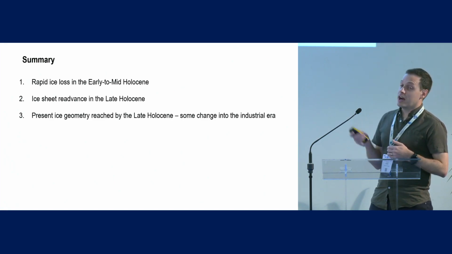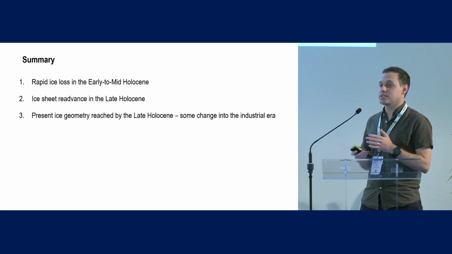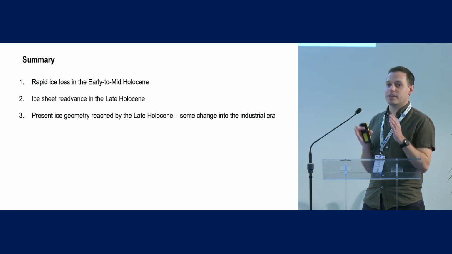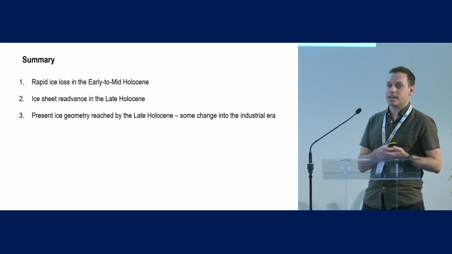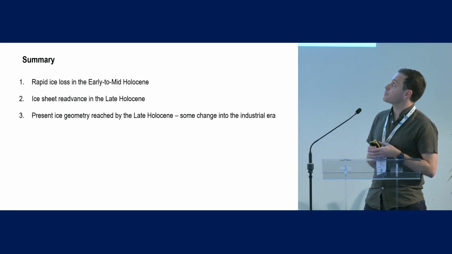In the early to mid-Holocene, we see lots of evidence for rapid ice loss, occurring in every sector of Antarctica. It seems to be slightly asynchronous between sectors, but there is generally this period of rapid ice loss, and we heard from Yusuke and Keir on Monday more about that.